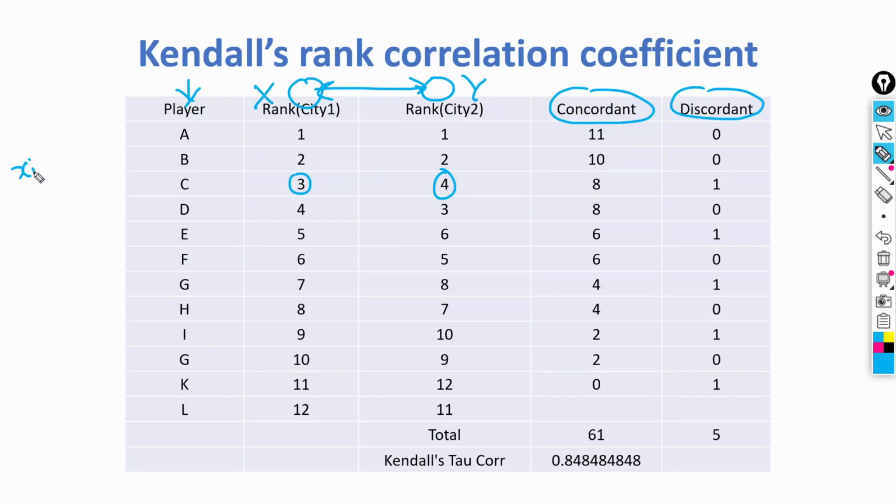If xi is greater than xj and yi is greater than yj, or xi is less than xj and yi is less than yj, if any condition is satisfied, we get the concordant.